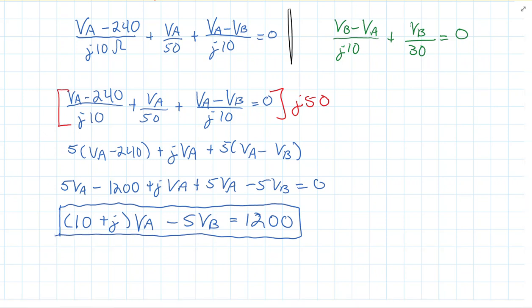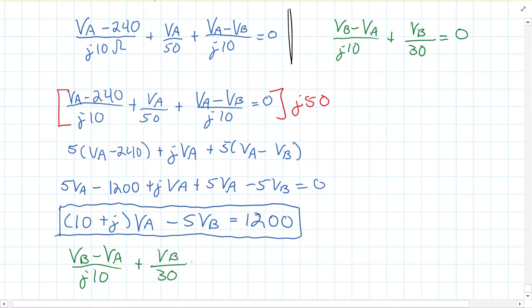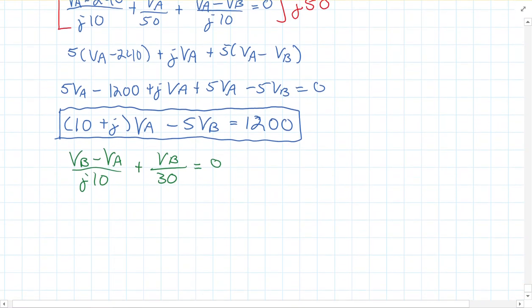And then I'm going to, of course, need a second equation, and I've already gotten that down. It's (VB minus VA) over j10 plus VB over 30 equals 0. And then, of course, we'd want to clear out here, multiply by j30.